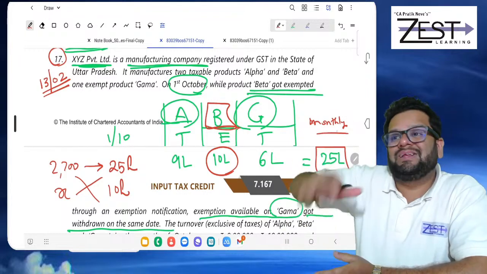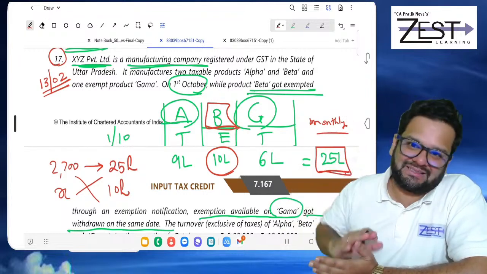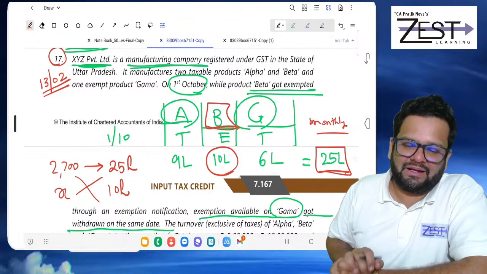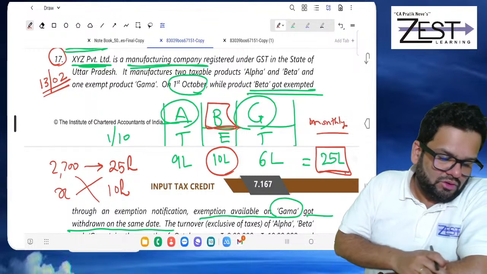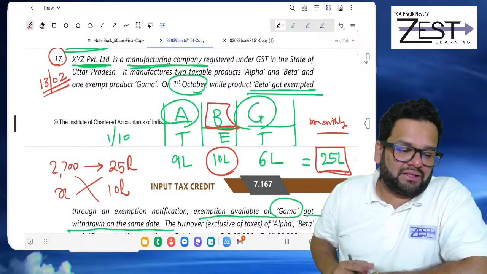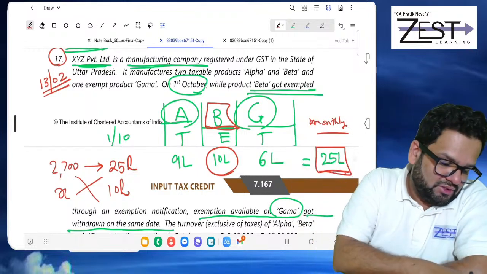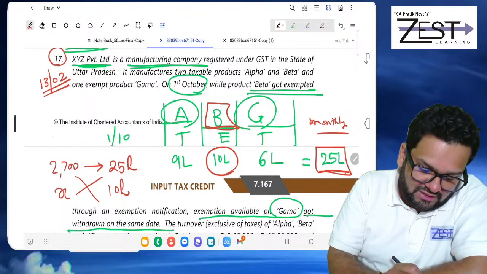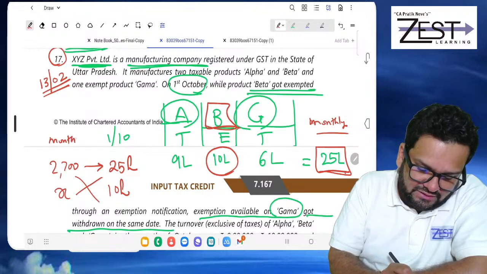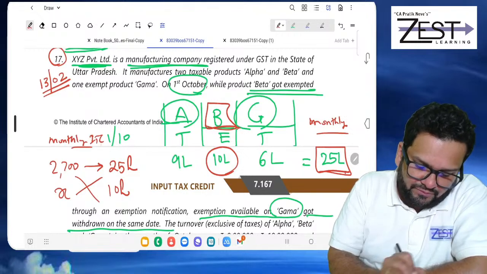How do we get to monthly? Dividing it by 60. Getting it? So 162 was overall ITC for 60 months. So you did 162 divided by 60. You got 2700 monthly ITC of CG.